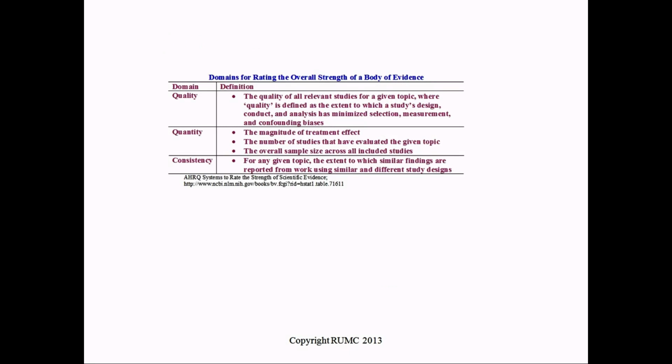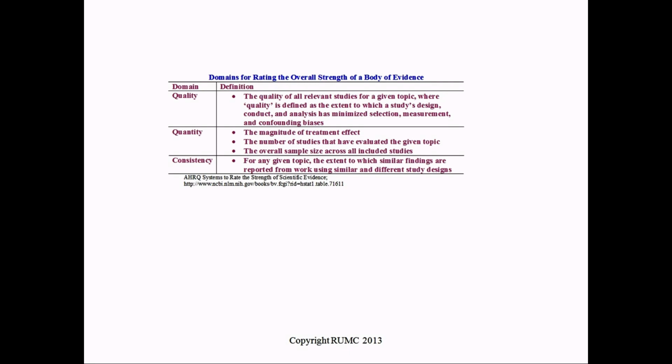So also consider looking at quality, quantity, and consistency. So quality, you want to look at relevant studies for a given topic, where quality is really looking at the design of the study.